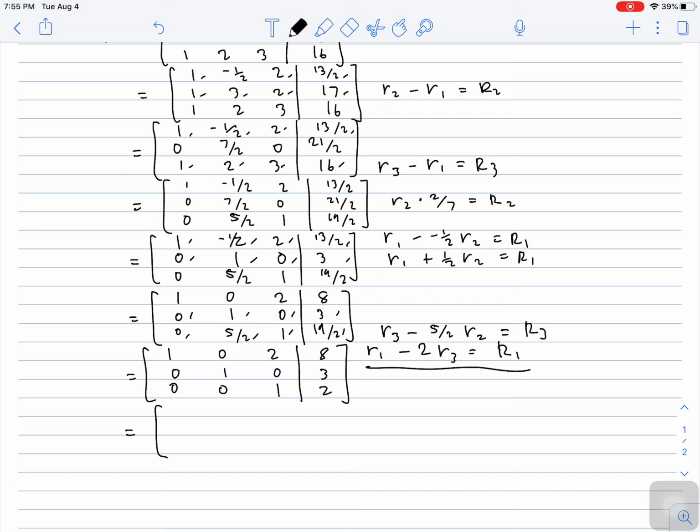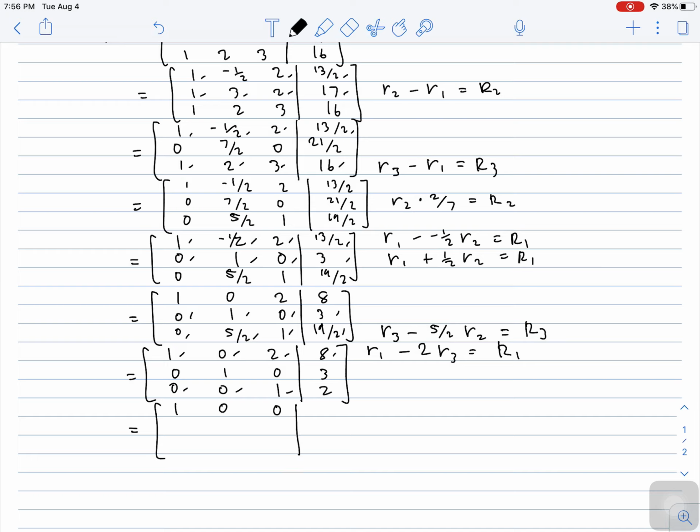So using this formula in the first row, the first row is what changes. 1 minus 2 multiplied by 0 is 1. 0 minus 2 multiplied by 0 is 0. 2 minus 2 multiplied by 1 is 0.